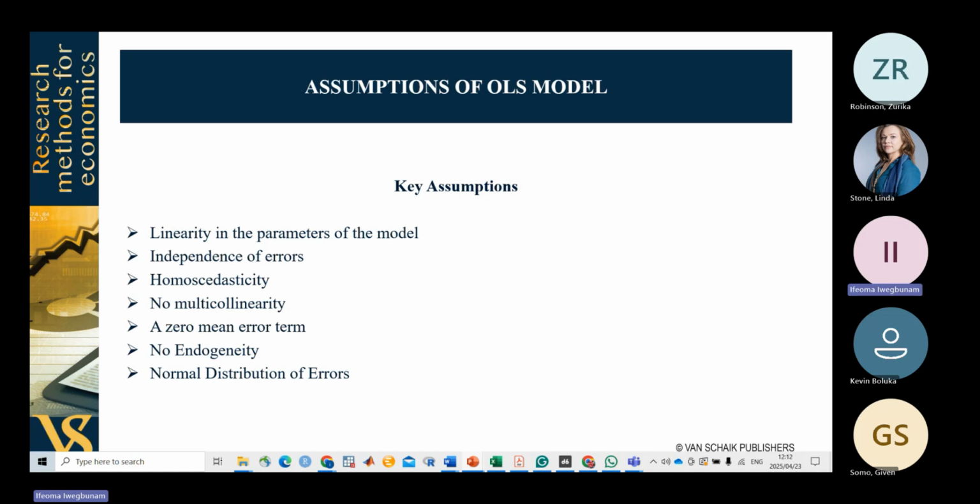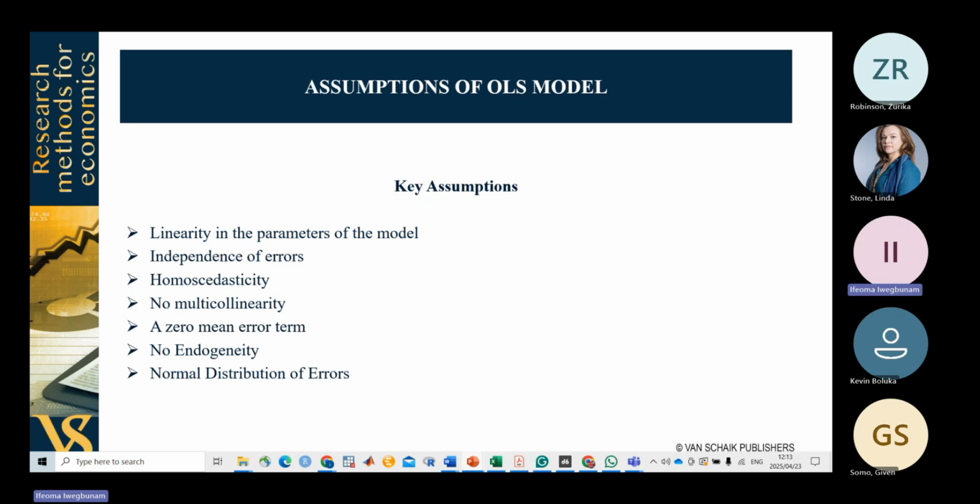Then the ordinary least squares model has assumptions, which need to be observed in order for us to say that, okay, yes, we've achieved the OLS model within our regression. And the assumptions are linearity in the parameters of the model, then independence of errors, then we also need to address the problem of homoscedasticity.